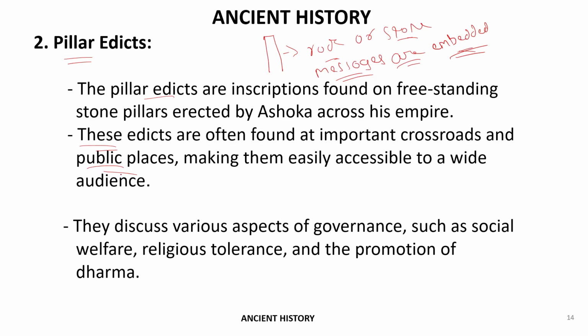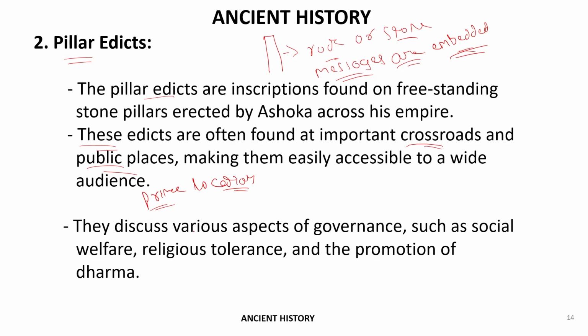He particularly and primarily chose the prime locations to put these edicts there, mainly the crossroads and the public places, so that a large number of people could easily access these rock edicts and could understand what Ashoka wanted to say.